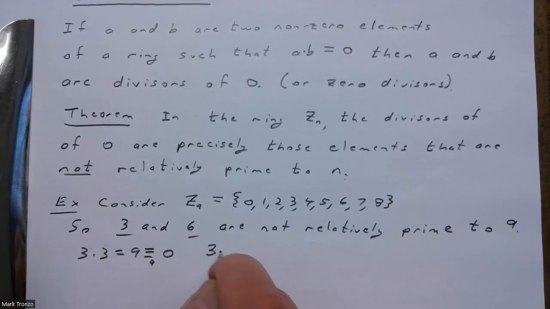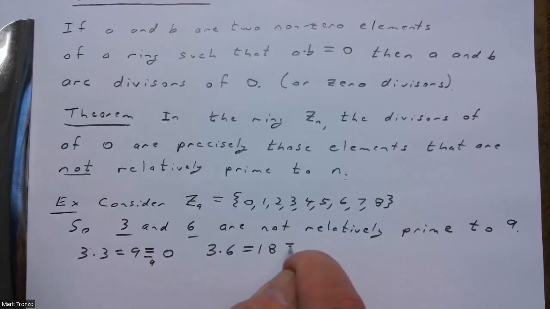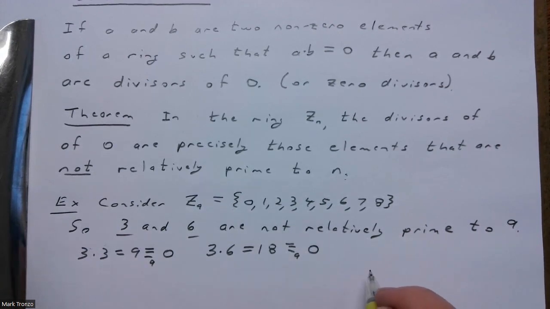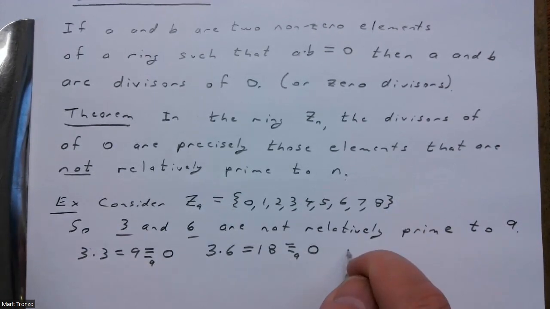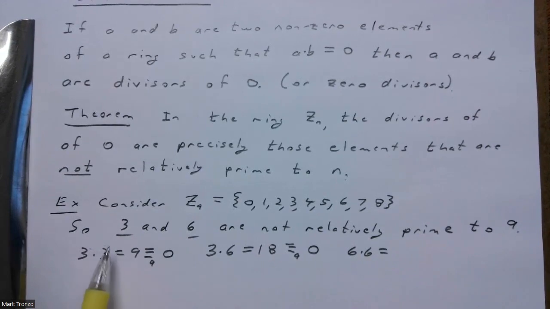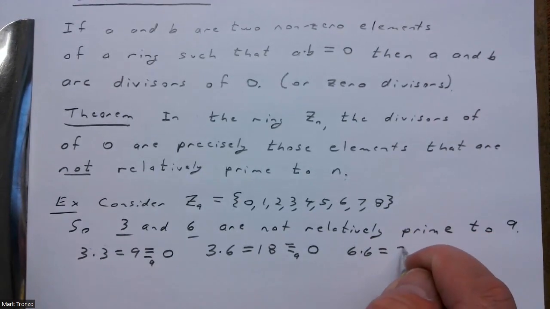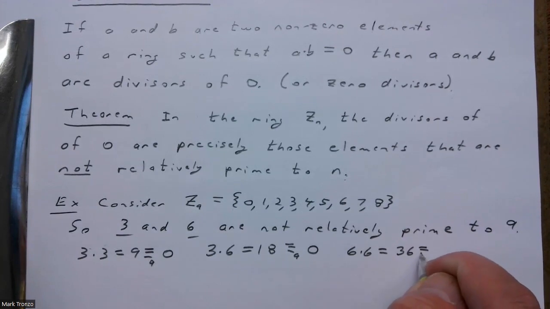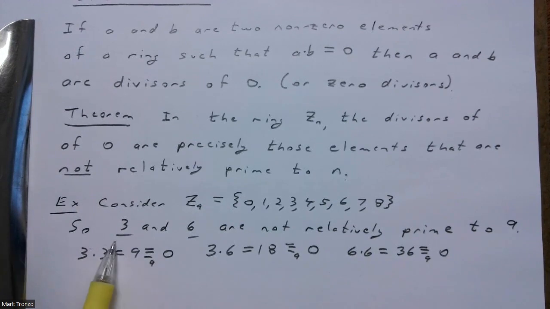If you take 3 times 6, it's going to be 18, which is also 0 mod 9. 6 times 6 is 36, also 0. Yeah, I guess in this case all the combinations are, but it's not always going to be that every possible combination of these numbers will give you 0, but at least each one of these will give you 0 in some context.